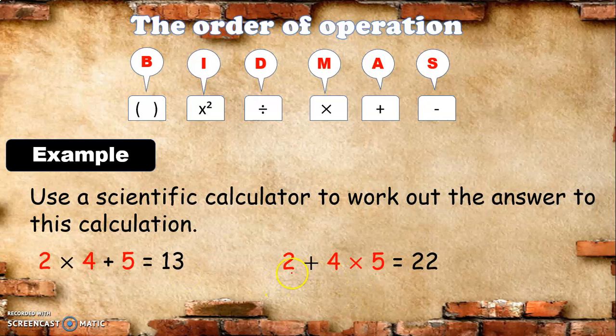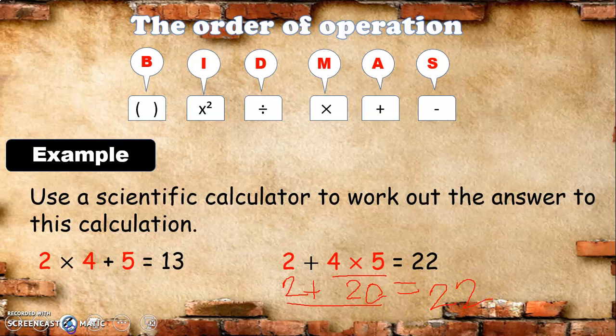What we will do first is 4 times 5, which is 20. And then add the 2, because like what I told you, if we follow BIDMAS, the multiplication comes first. That's why 20 plus 2 is equal to 22.